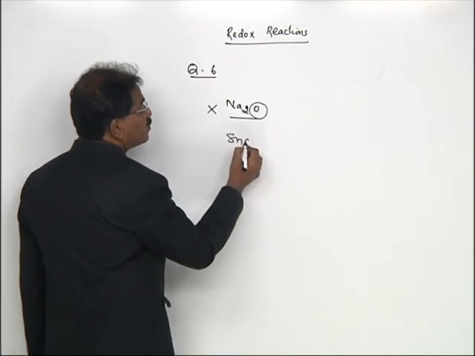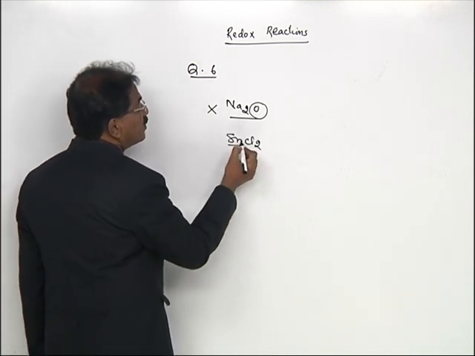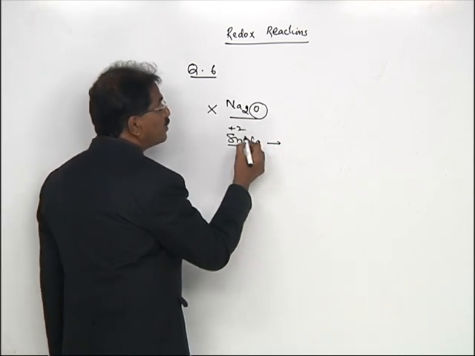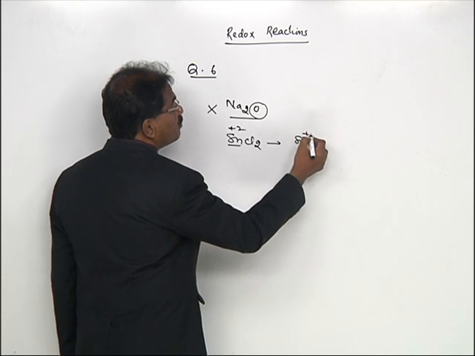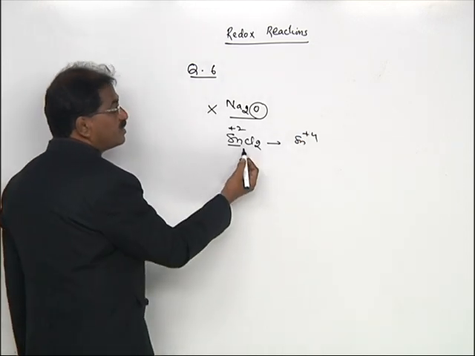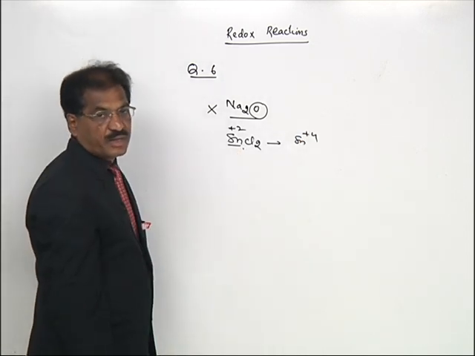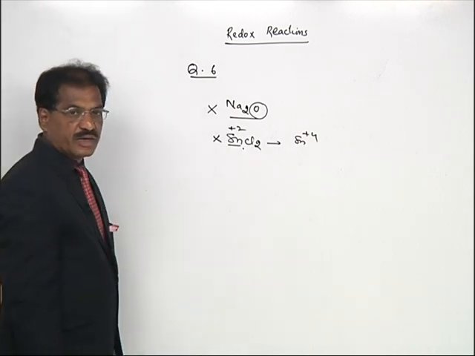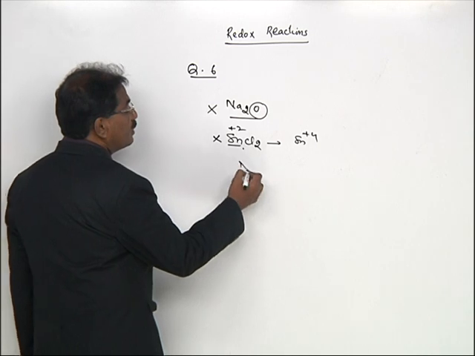Similarly, SnCl2. In SnCl2, tin is in the +2 oxidation state. Therefore, by supplying 2 more electrons, it can go to the +4 oxidation state. That means SnCl2 will always act as an electron supplier or reducing agent. Therefore, it won't act as both oxidizing and reducing. Similarly, sodium peroxide.